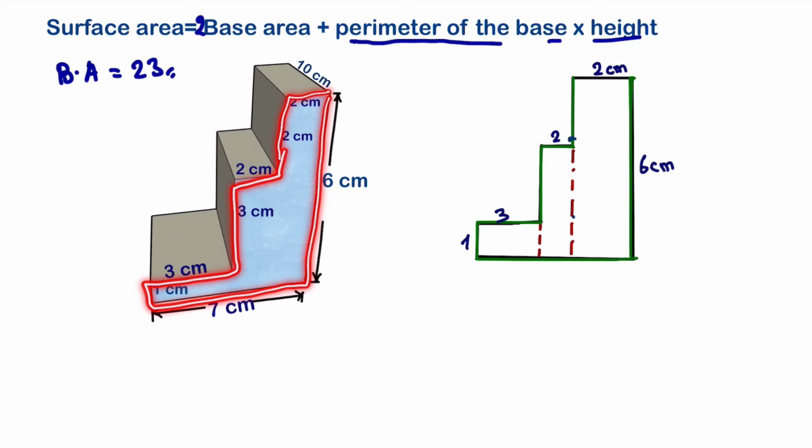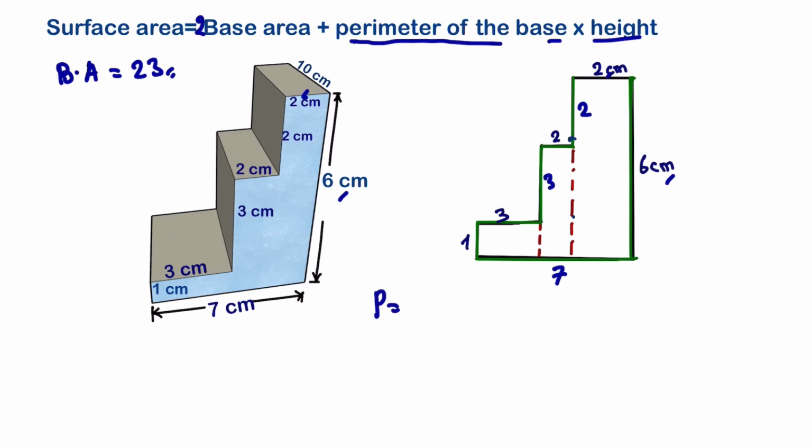The perimeter is the total distance around. Calculating the perimeter of the base, we can see here we have 6, 2, and we have another 2 here, and here is 3, and we have 7. So we need to add all of these to get the perimeter.